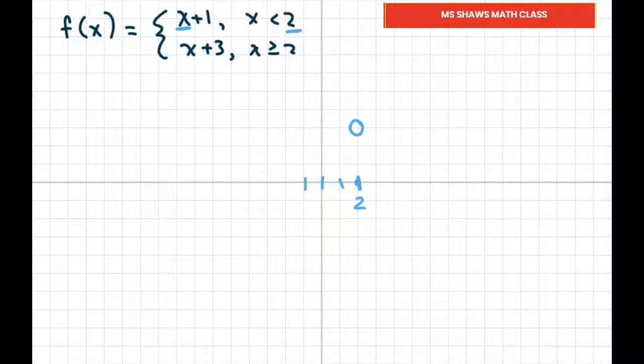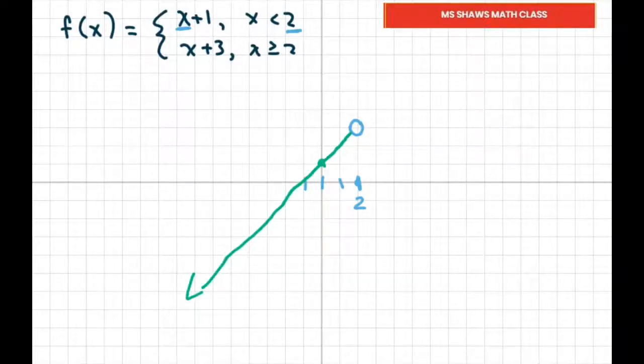But you still have to plug in 2 because you can get very close to that. Now let's plug in 0. We know it's a linear equation, so we just need 2 points. If you plug in 0, we get 1. The slope is 1. So this is what the graph looks like to the left of 2.